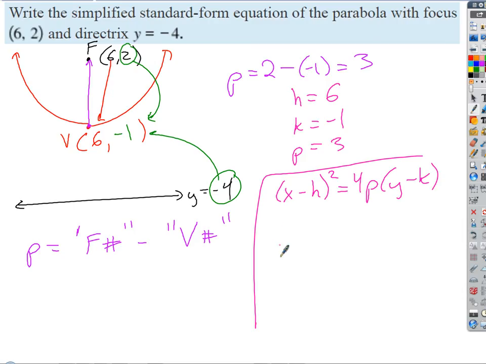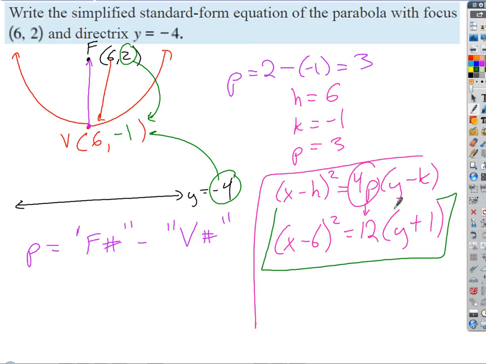So this becomes the quantity x minus 6 squared equals 4 times 3. So that whole thing is going to be a 12. And then we get y minus negative becomes +1. So that's our answer, right? Right there. Okay? No big deal.